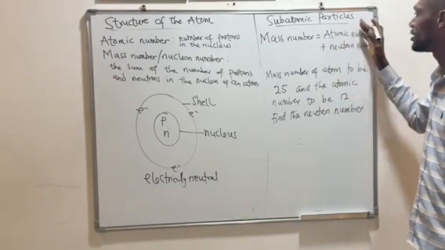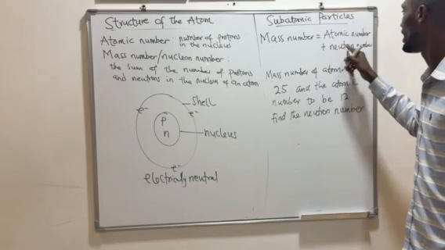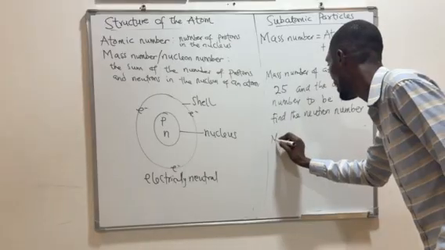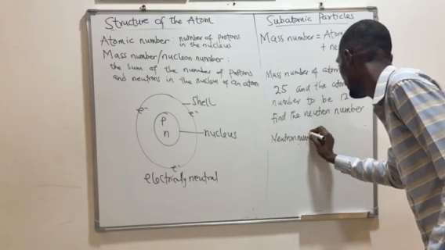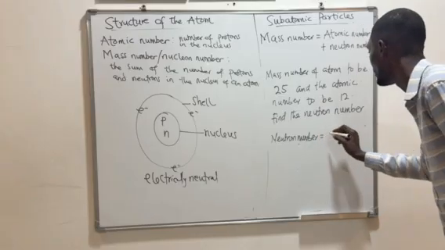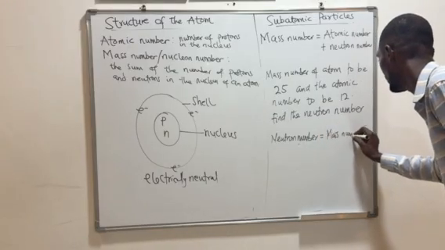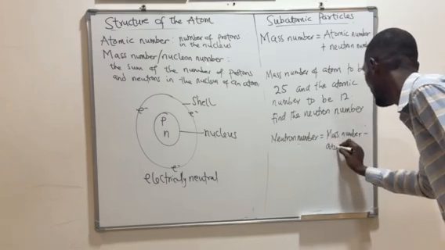So from the equation here, we can change the subject, and the neutron number equals mass number minus atomic number.